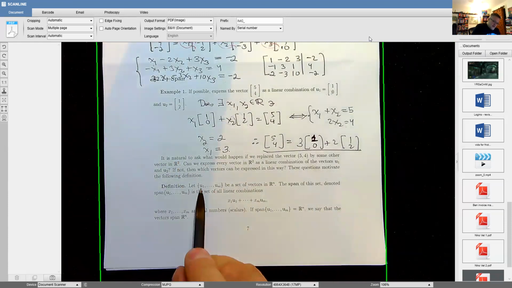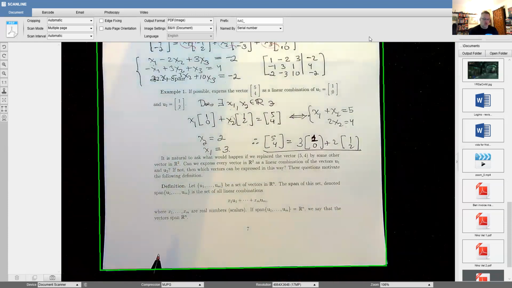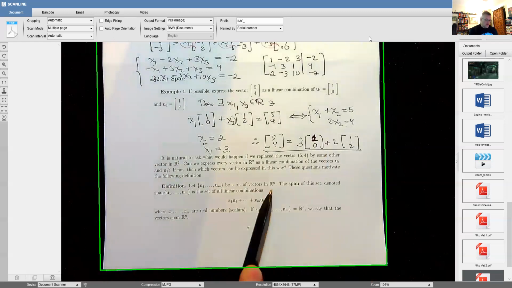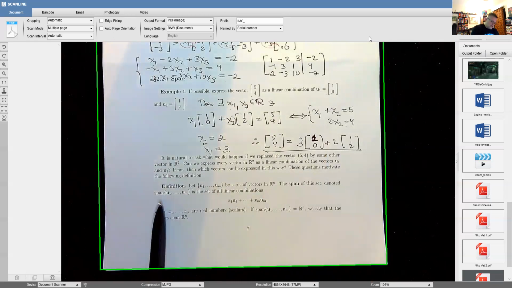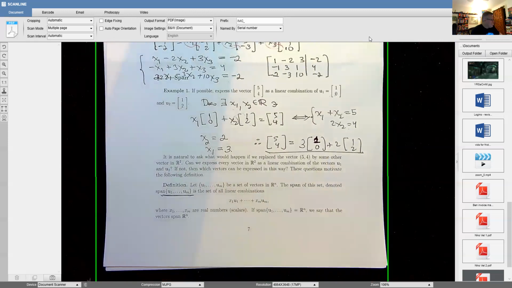If I take m vectors in Rn, so in this case, I took two vectors in R2. The m and the n at the moment don't have to be the same, right? n could be 3 and m could be 17, or vice versa. But you take those m vectors, the span of those vectors, and we denote that by using that notation, is the set of all possible linear combinations of those vectors.